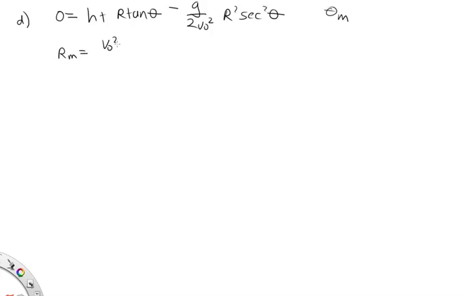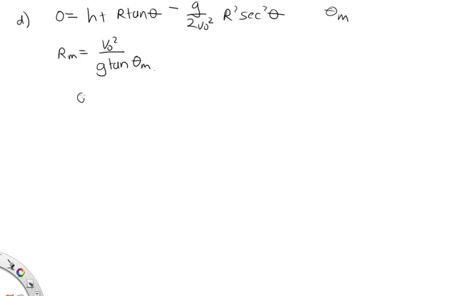Okay, part D. By substituting r in b, so in b we had 0 is equal to h plus r tan theta minus g over 2 v naught squared r squared sec squared theta. We need to find theta m. So we're given that r m is equal to v naught squared over g tan theta m. And we're told to substitute for r.